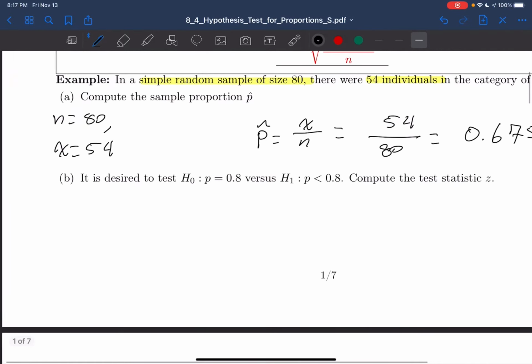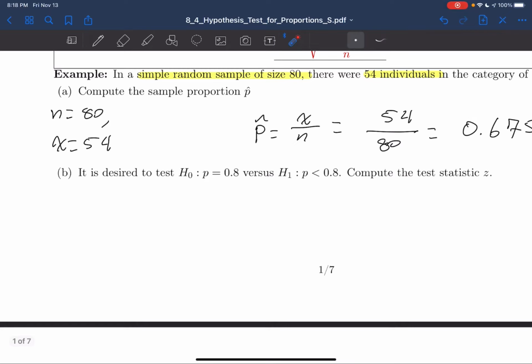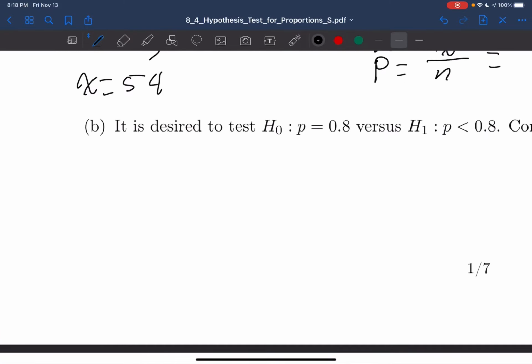Let's say we're working with this testing: p is equal to 0.8 versus p is less than 0.8, and we want to compute the test statistic z. Here H naught is p equals 0.8, our null hypothesis, and our alternative hypothesis, H1, is p is less than 0.8.